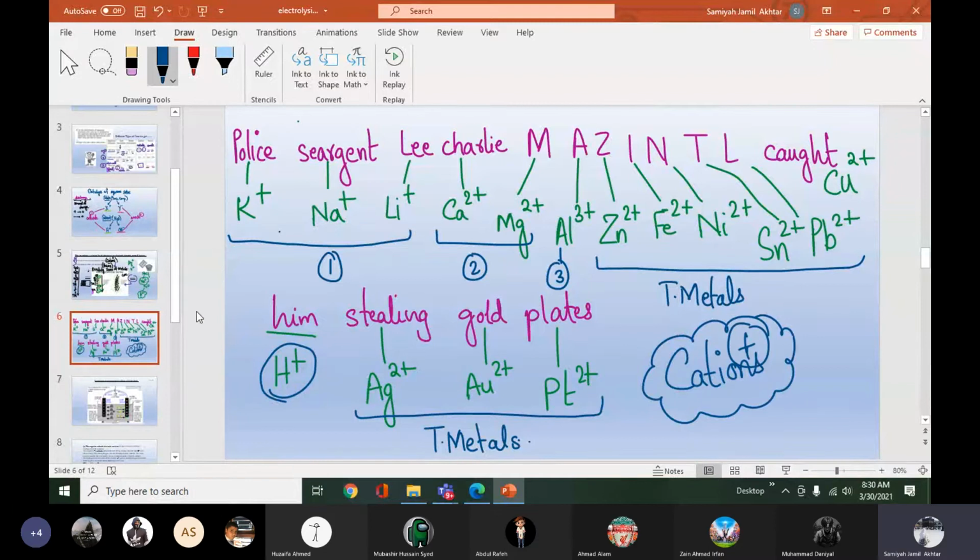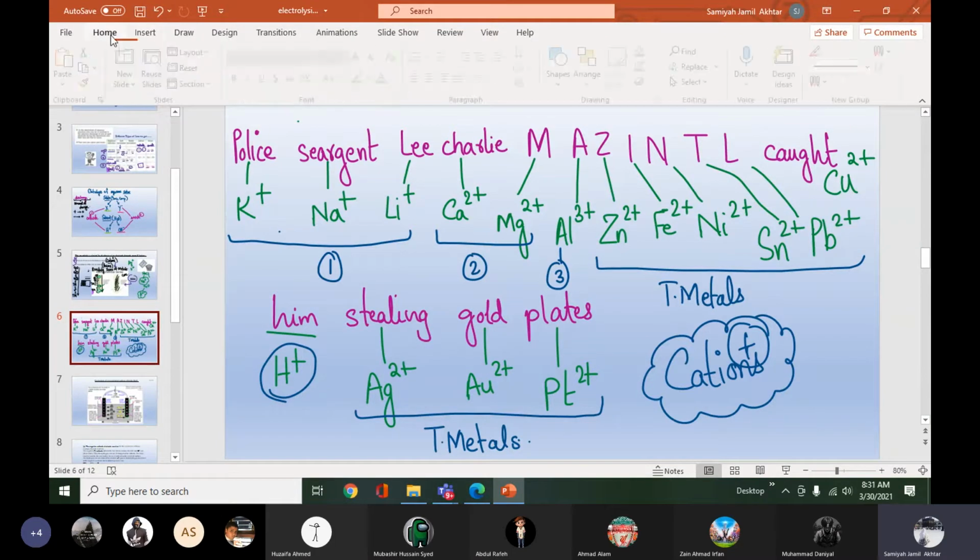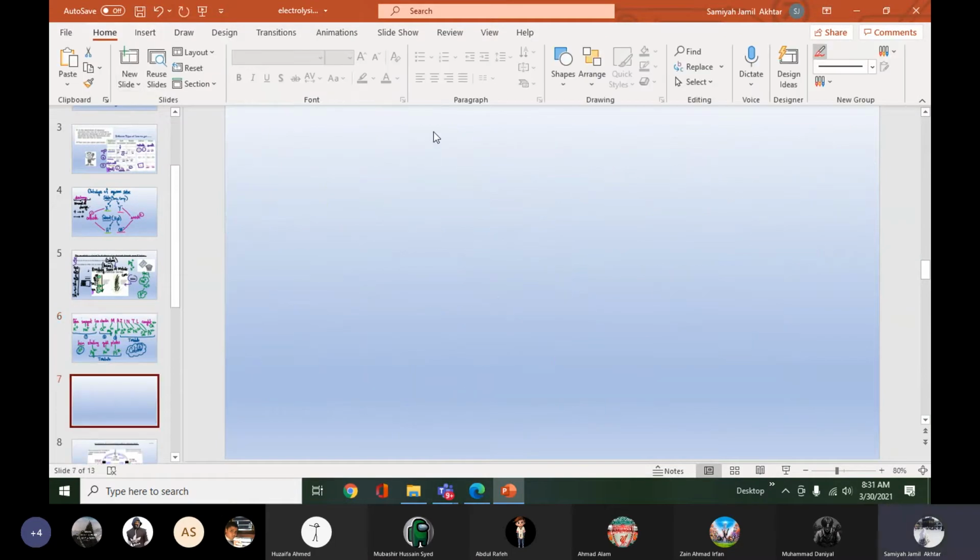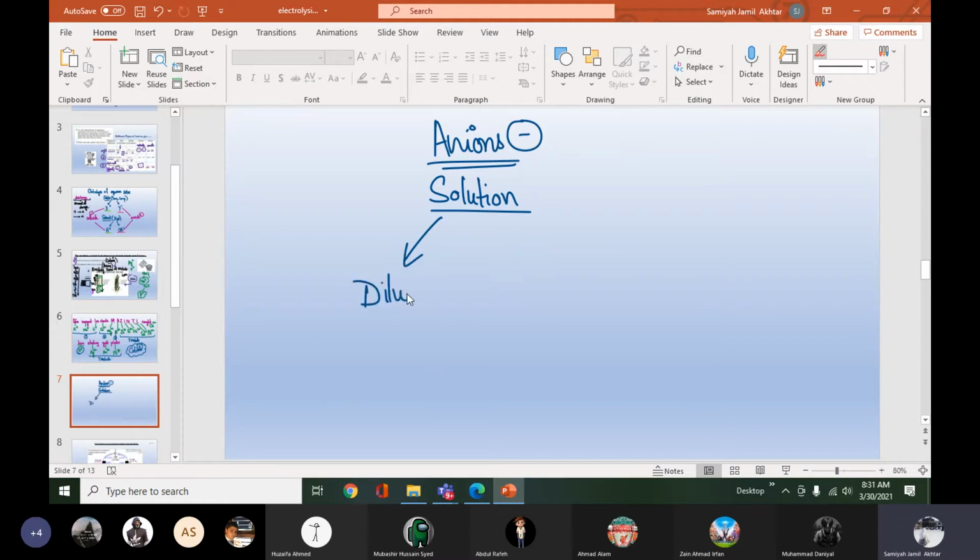Now let's come to the negative ion, and then we will do one example. For the anions, how will we identify which ion will discharge? Now, anions in the solutions. For the solution we will either have a dilute solution or a concentrated solution.